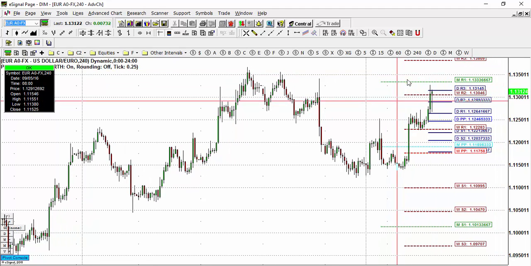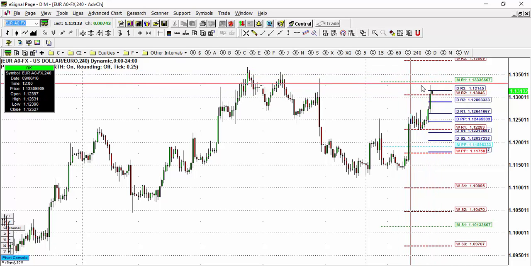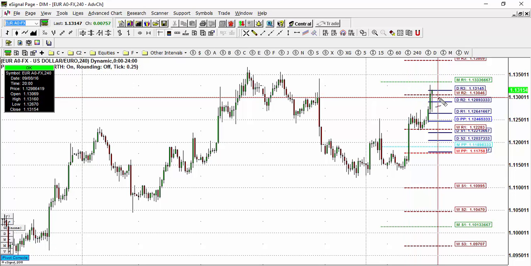Naturally, we'll have to see a sell signal occur before you take action on any of these signals. You want to see a bearish candlestick formation, because oftentimes the market just blows through these pivot points and continues going up. So we want to see some evidence that selling is taking place.